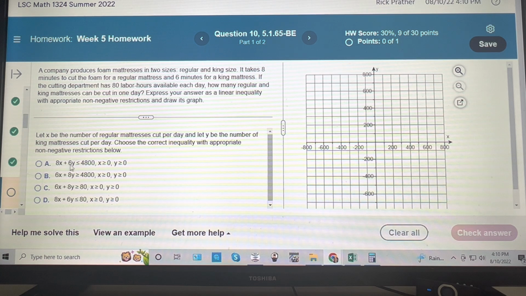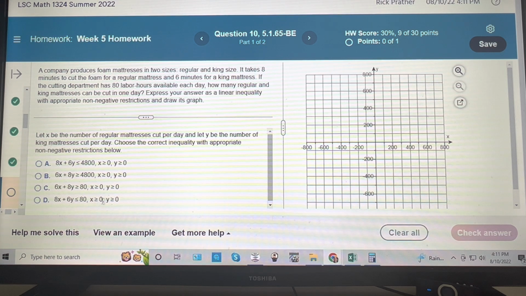It takes 8 minutes to cut the foam for a regular mattress and 6 minutes for a king mattress. So literally you want 8x plus 6y for that. 8x plus 6y, not 6x plus 8y. B and C are wrong.